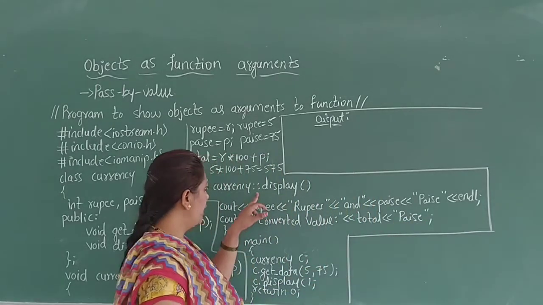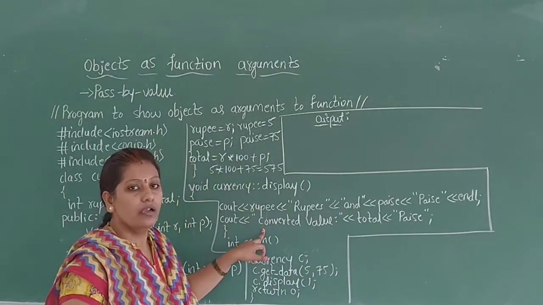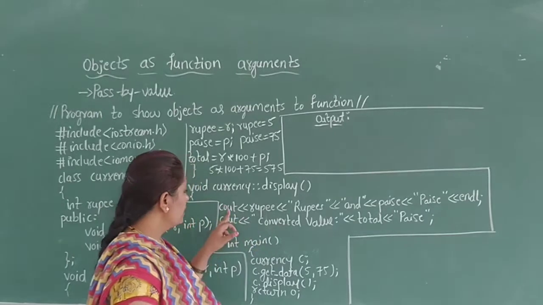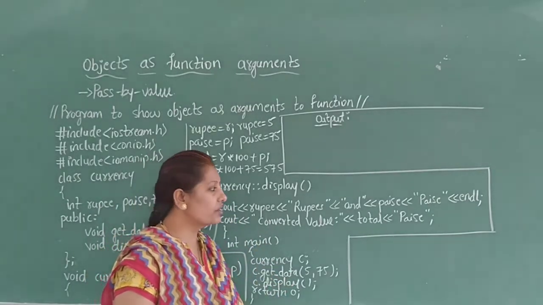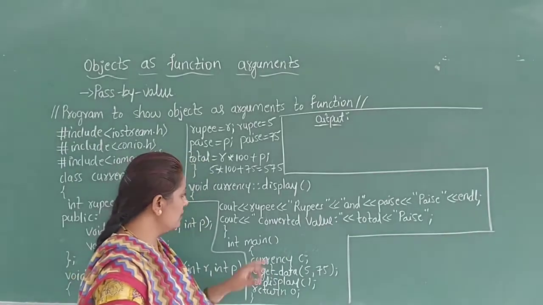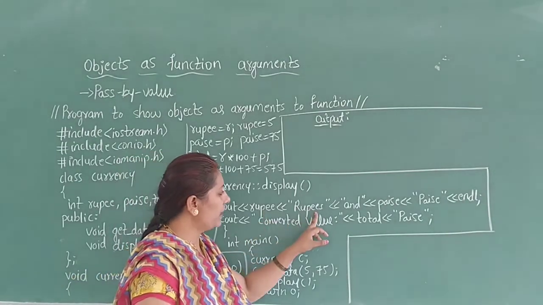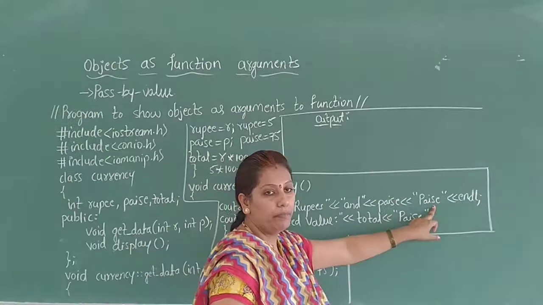In the display function we have two cout output statements. The first one executes cout with rupees and paise.